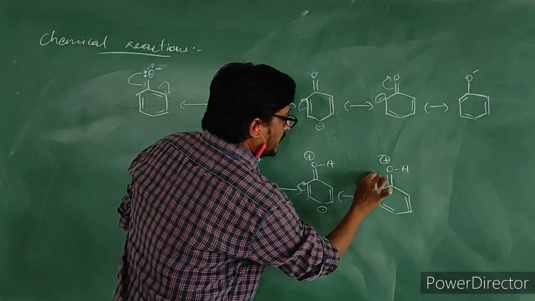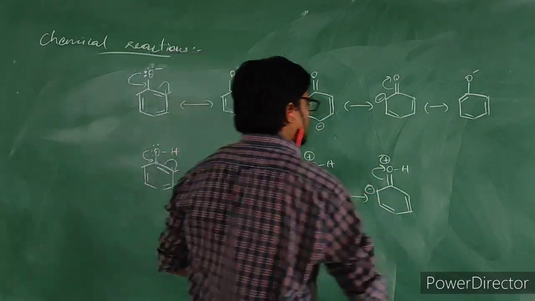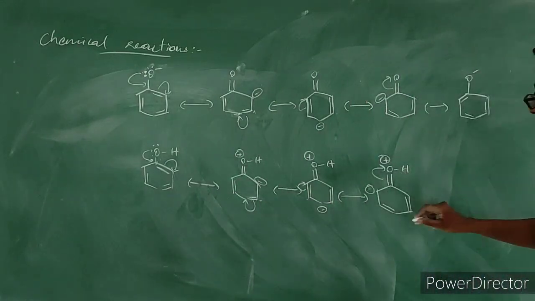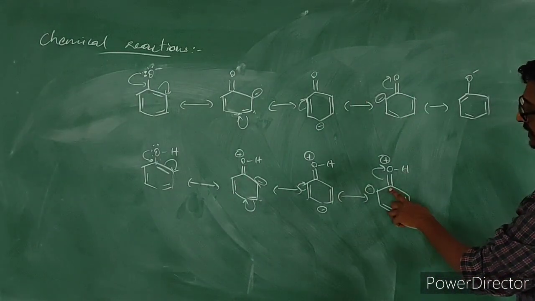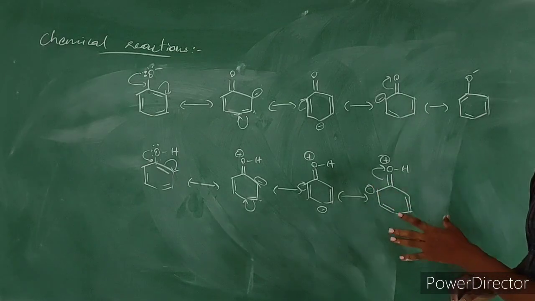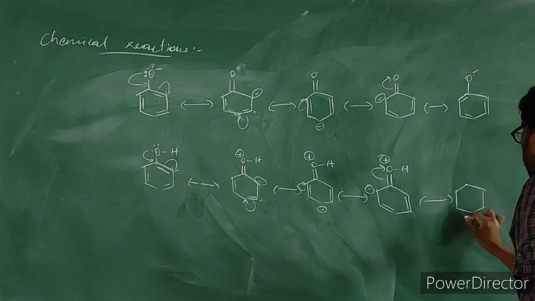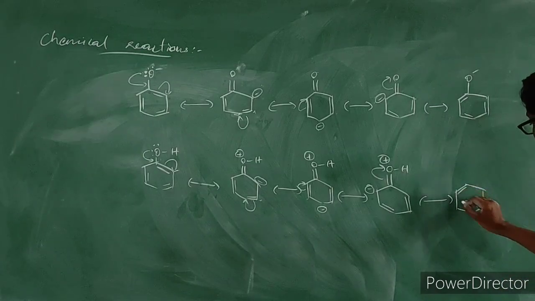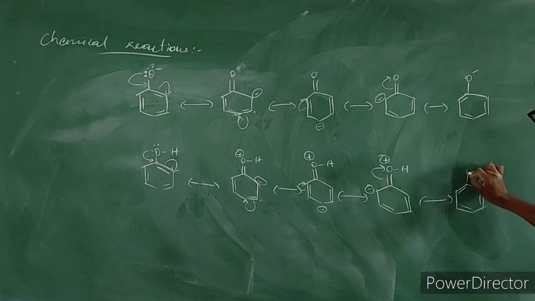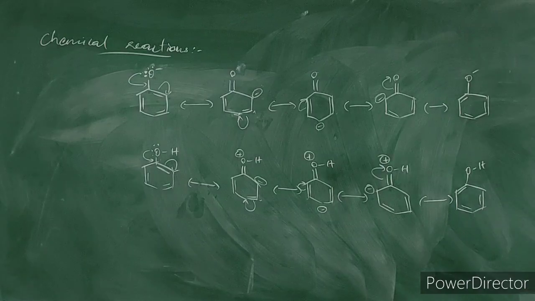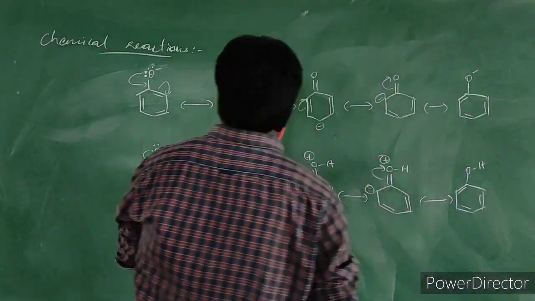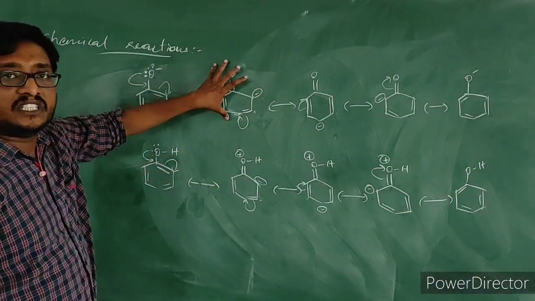Again, this pi bond will shift towards this oxygen, nullifying this positive charge. Again, this carbon will get a positive charge, positive and negative, they will form a double bond again. Okay, so these are the resonating structures of phenol. These are the resonating structures of phenoxide.